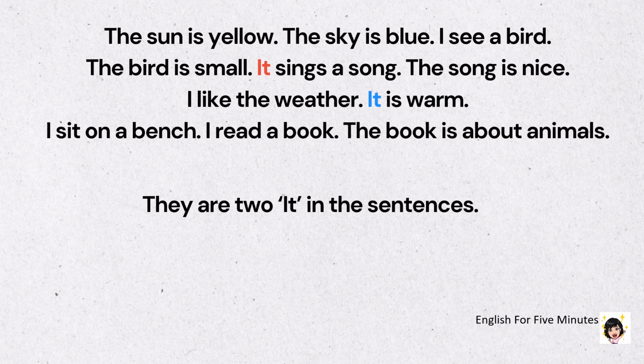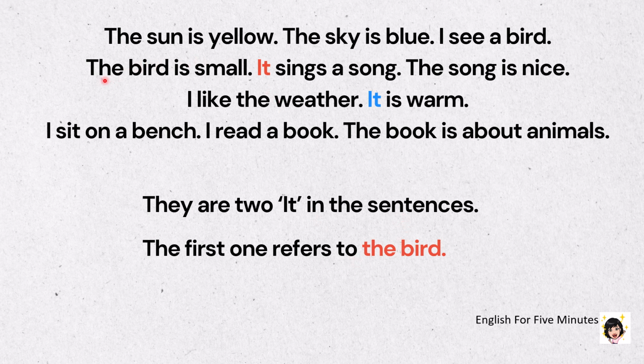Can you see there are two it in these sentences? The first it refers to the bird. The bird is small. It sings a song. So the first it in here refers to the bird.